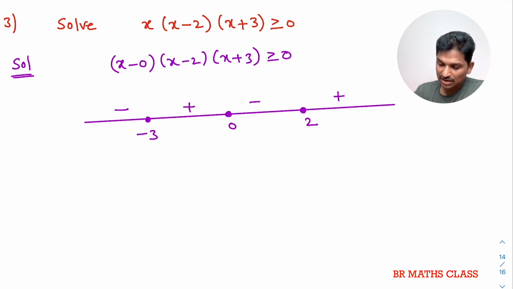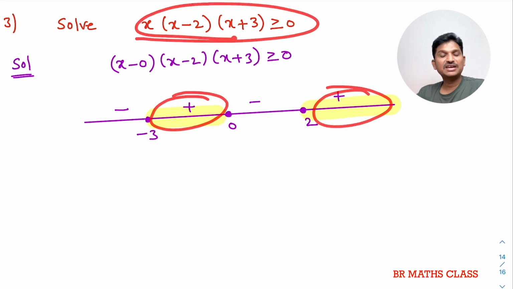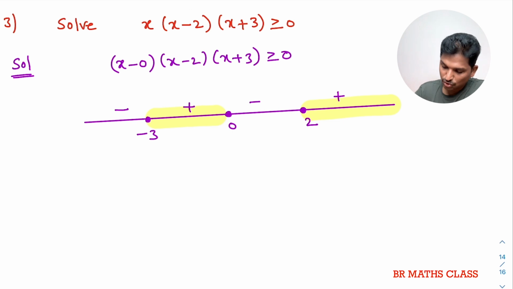Now what I want is greater than 0. Greater than 0 means you need to look for the positive sign. Where is this positive sign? See, in this interval, right? If you take any number in this interval, 100% those numbers satisfy this inequality. So how will you write the solution?